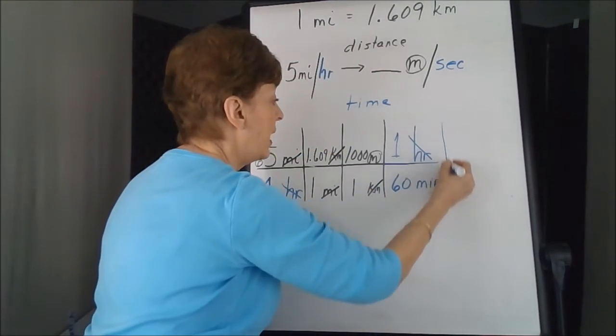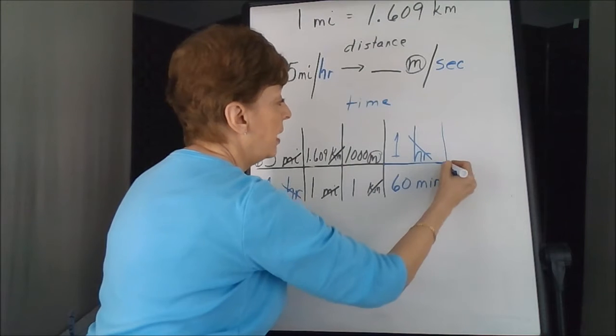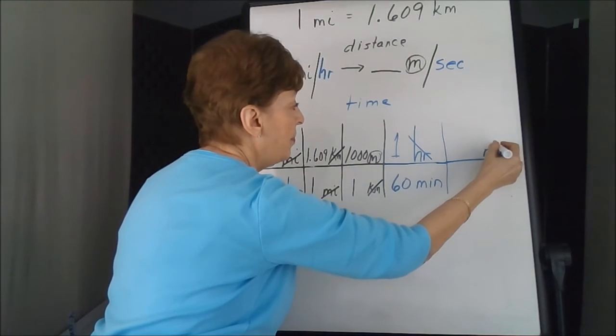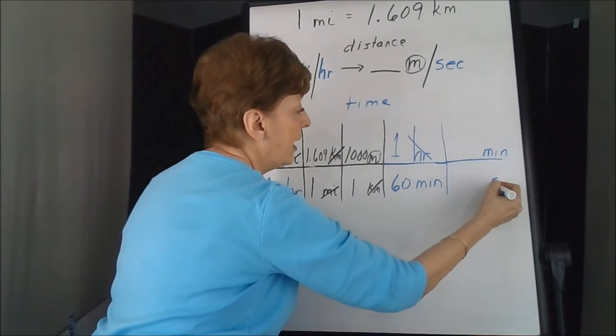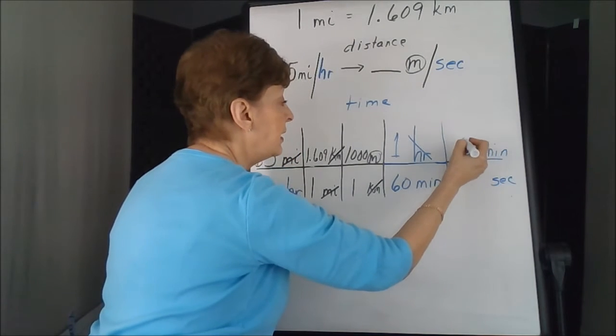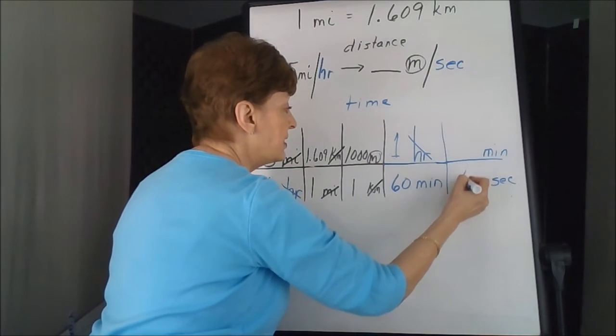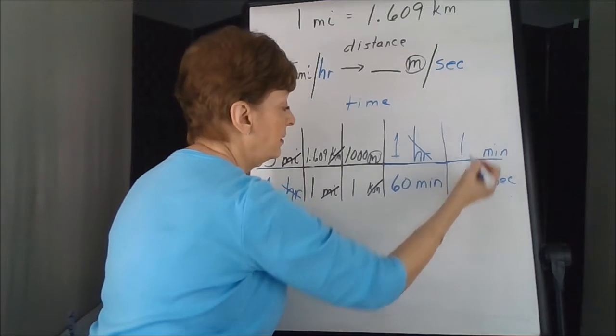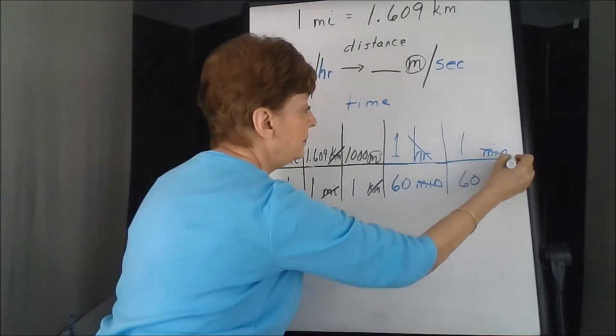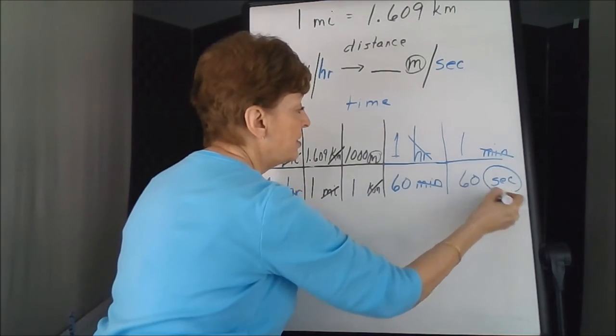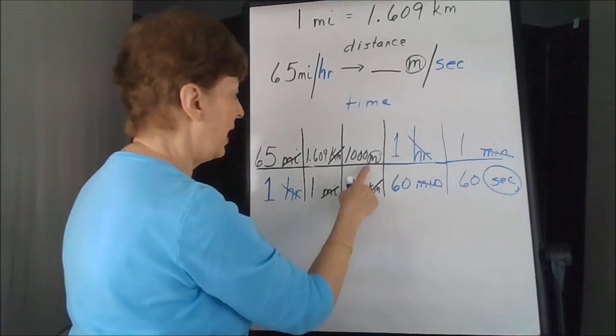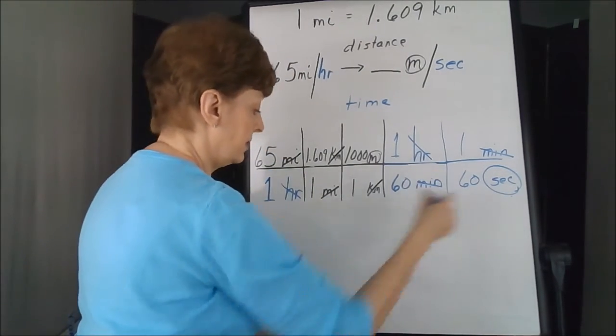So we need another box here to get rid of the minutes, which pop to the top. And then I can do seconds. There are 60 seconds in 1 minute. Cross out my minutes. And here's my other label. So I have meters and seconds.